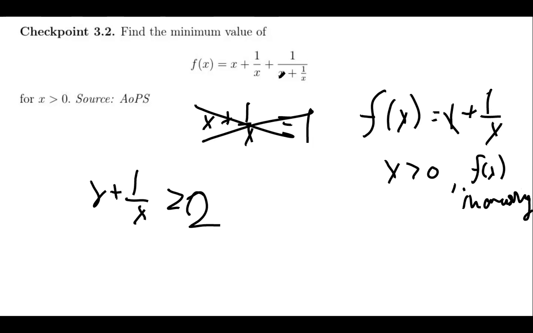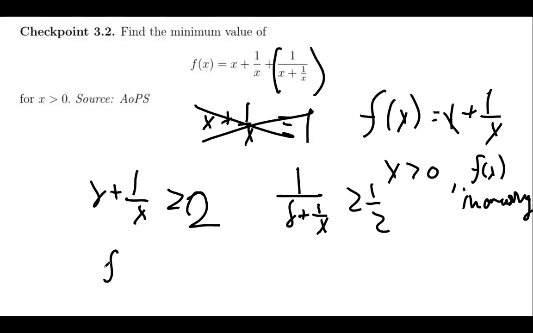So that means we can look at this part here and say that the minimum value will be 1/2, because when x increases, this will only increase as well. So overall, the minimum value of this will be 2 plus 1/2.